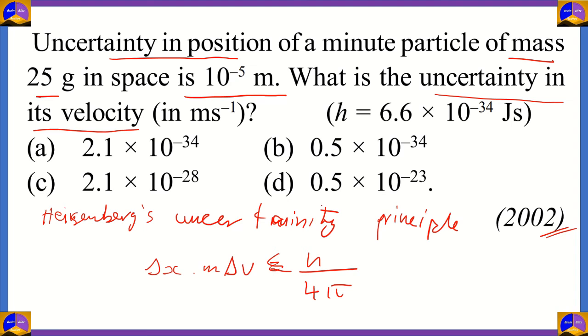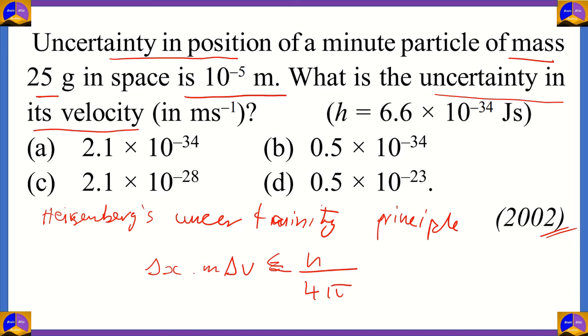Its value is given. Momentum can be written as m times delta v. Now we know the uncertainty in position, we know the mass, we know h, we know pi. We just need to find the uncertainty in velocity.